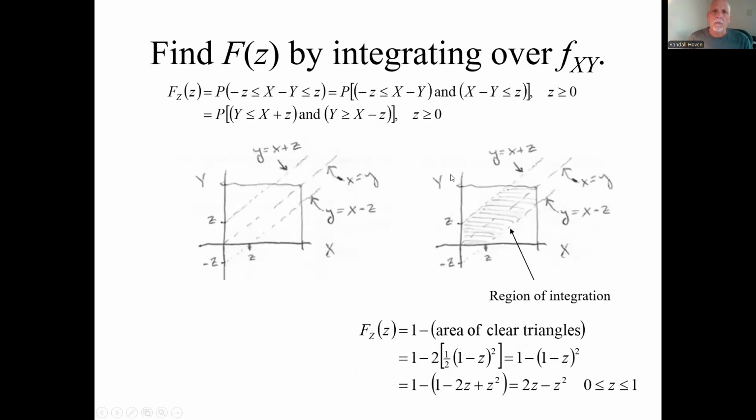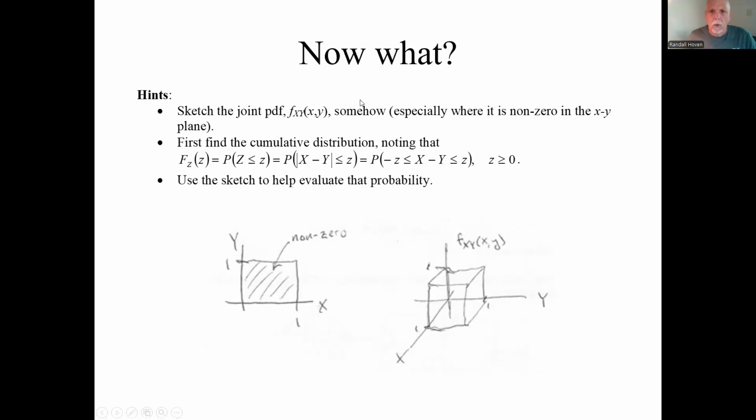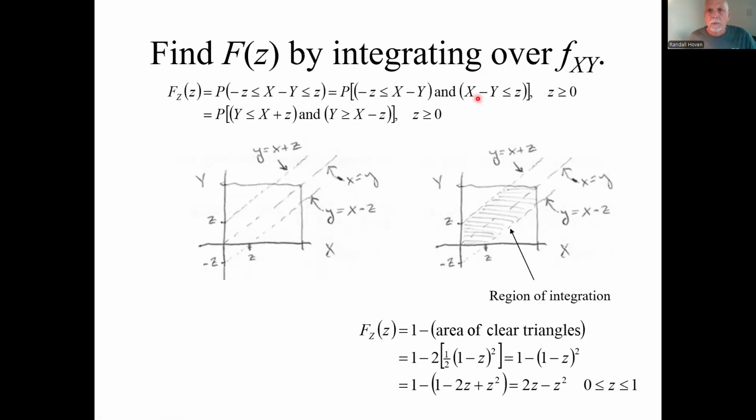Let's keep going. So where is that true? Two things have to be true simultaneously. Z has to be greater than or equal to x minus y, and it has to be greater than or equal to y minus x. Or x minus y has to be less than or equal to z. We can put both of these with y on the left side, so we can better graph it.